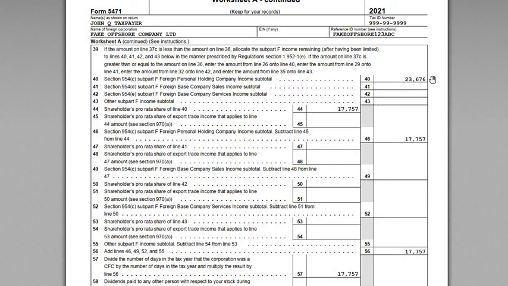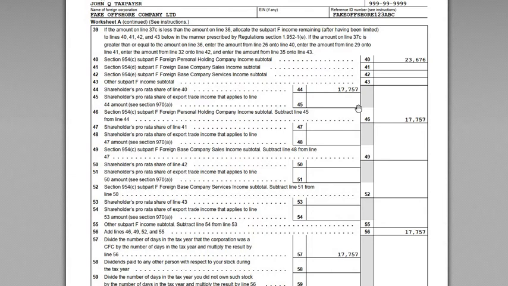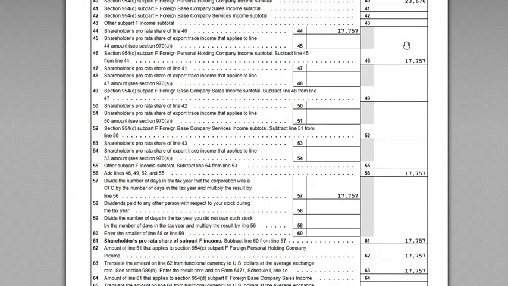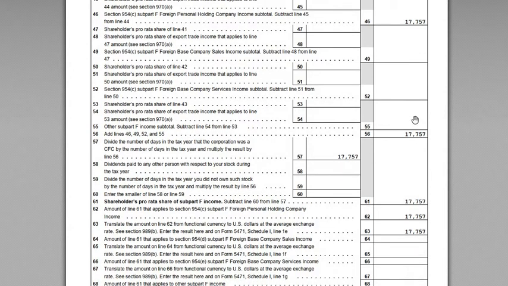So we simply take 75% times this amount, the 23,676, and that's how we arrive at 17,757. So that is 75% of the subpart F income allocation through the company, and again, that's limited based on its current EMP.